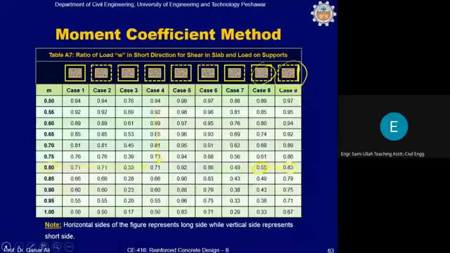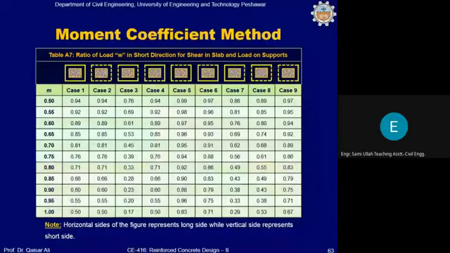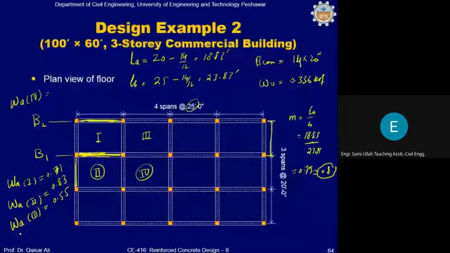Case 2, yes. Because all sides are continuous. So this is the coefficient value, 0.71. So WA for panel 4 is equal to 0.71.